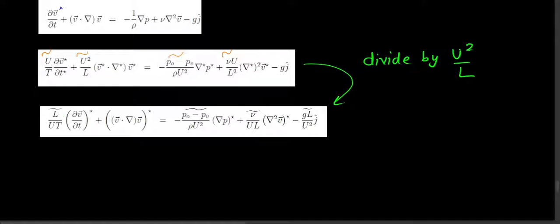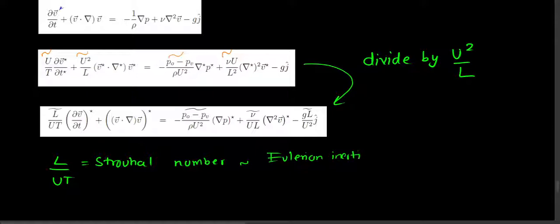So if we look at the first similarity parameter, which is L by UT, this is called the Strouhal number. This is nothing but the ratio between the Eulerian inertia and the convective inertia.